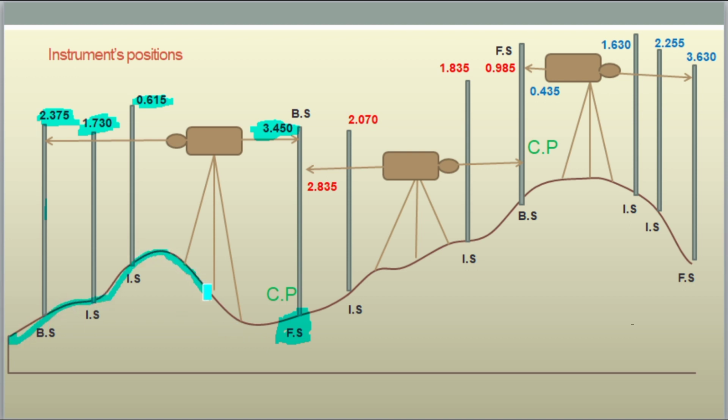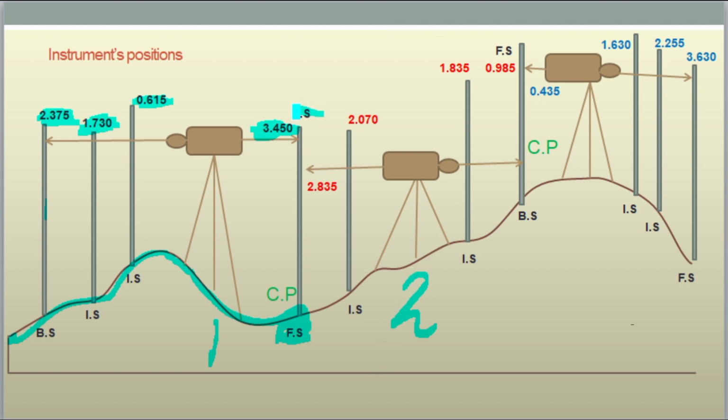Our ground was a little bit hilly, sloping, something like that. Then after the fourth reading, we had the shift of the instrument. Here was the first and here was the second, so there we had a shifting. This is the second point where our instrument shifts to.